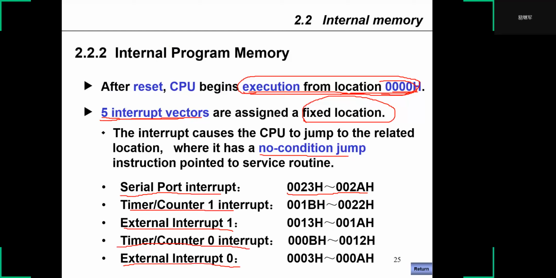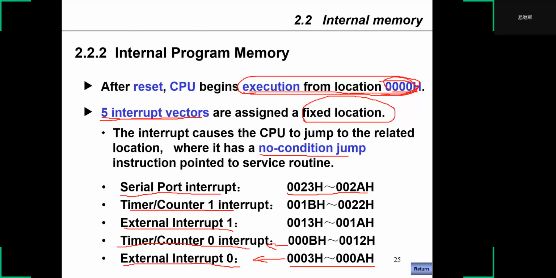From address 0003H to 0AH is for external interrupt 0, and the next is for timer 0.